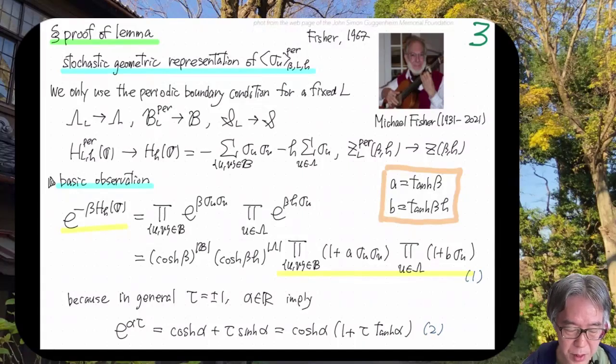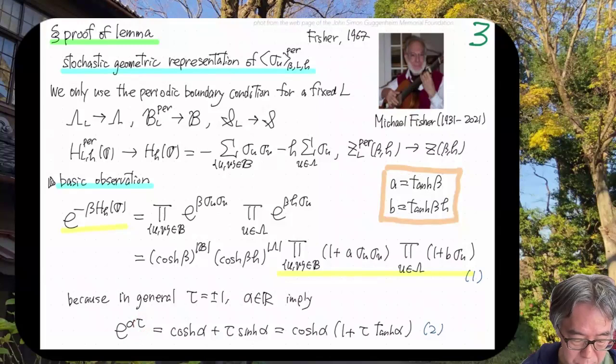I first claim that for any tau, which takes plus or minus 1, and for any alpha, e to the alpha tau is written like this: hyperbolic cosine alpha plus tau times hyperbolic sine alpha. Why is this? Well, this is actually very simple because tau is either plus or minus. First, suppose that tau is 1.